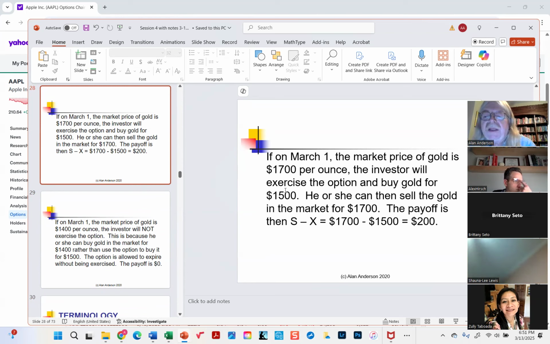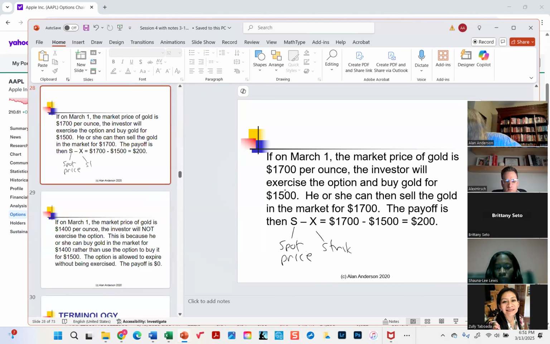You then have the ability to immediately resell it in the market for 1,700. And the difference between the two, where S is the spot price of the gold and X is the strike price, is $200. That is referred to as the option's payoff.